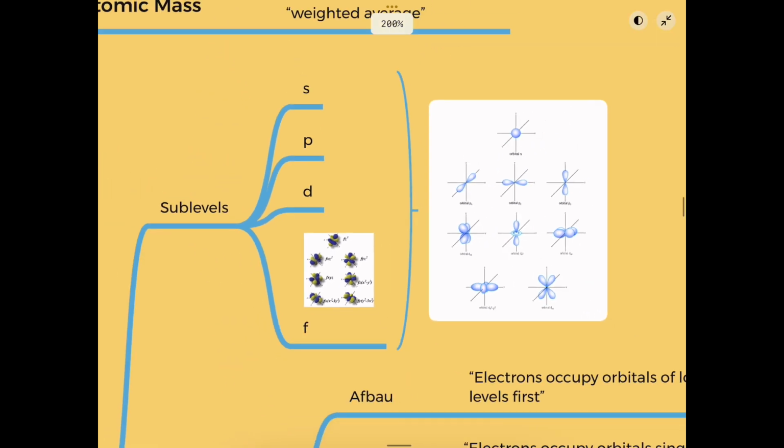Remember that each of these orbitals can contain 2 electrons. So as you progress up the energy levels, you're basically placing bigger versions of these on top of one another to represent where the electrons probably are, with the first energy level including only the s, the second s and p, the third s, p, d, and the fourth s, p, d, f, and so on.